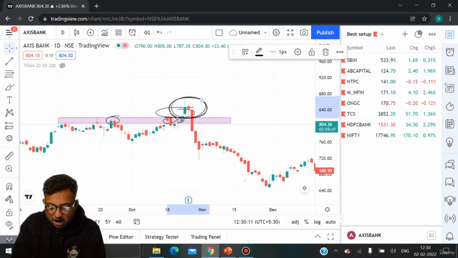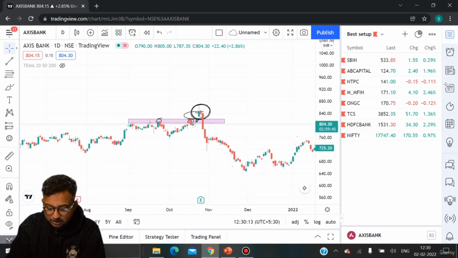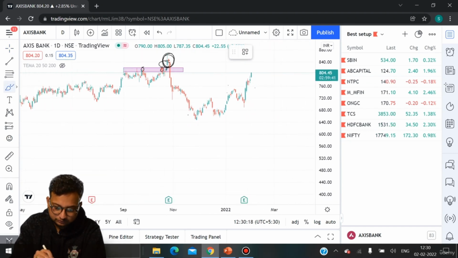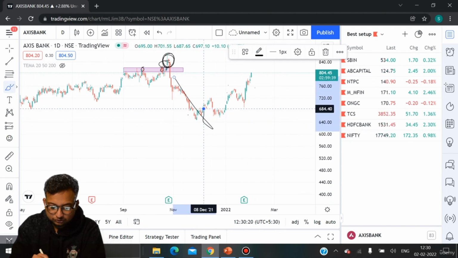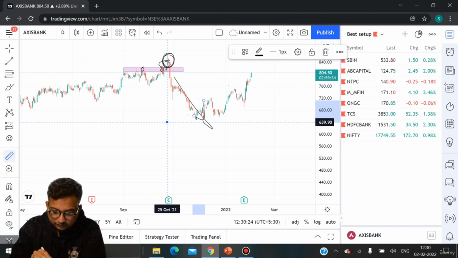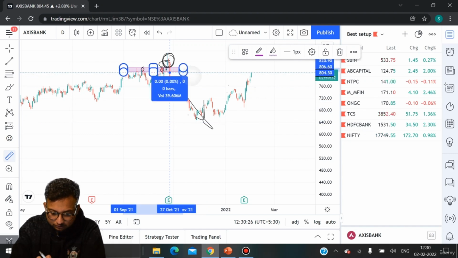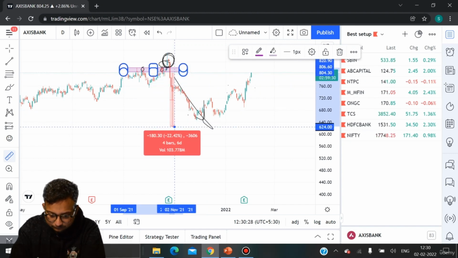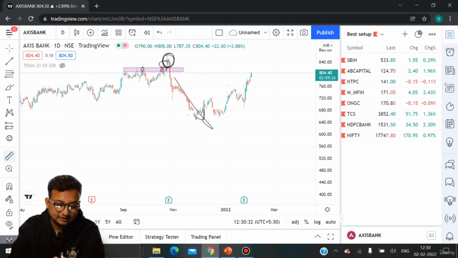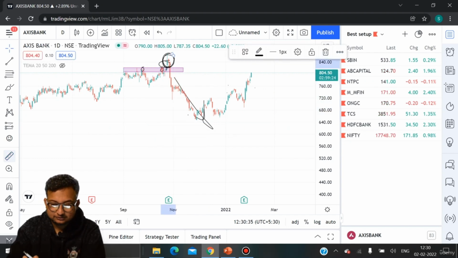See how the market falls. It will fall drastically. So this was a big fall, right? And the movement was almost 20%. And you understand the 20% target in the stock market.